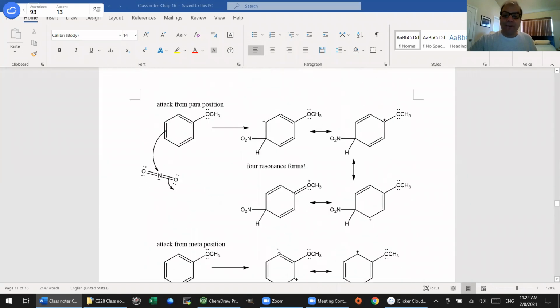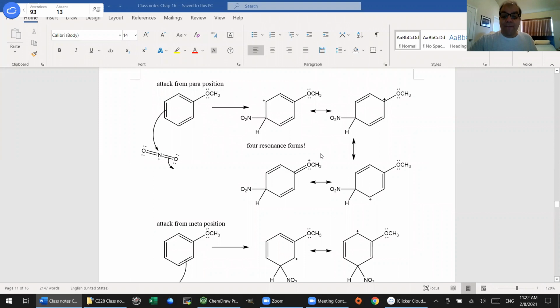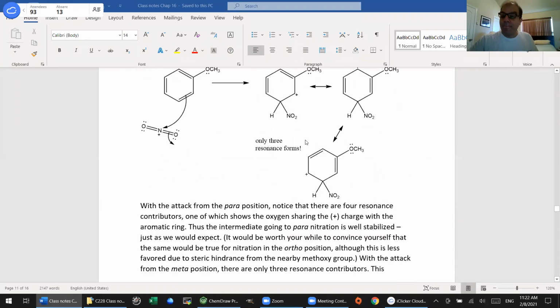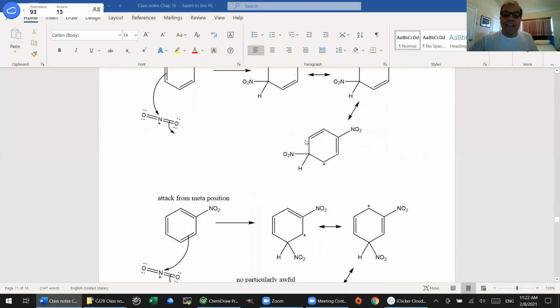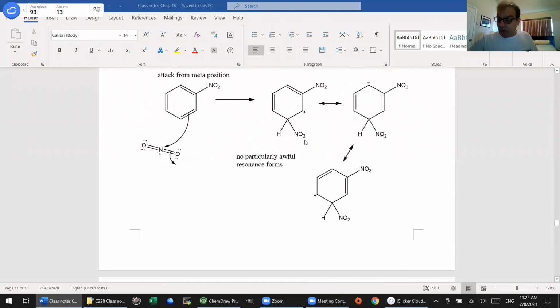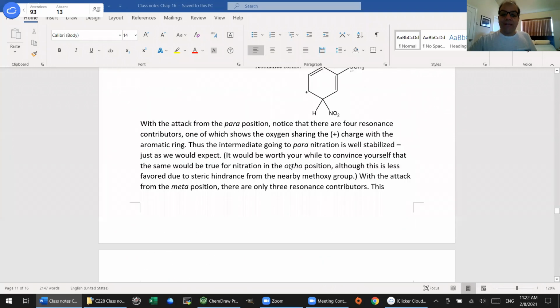And with an ortho-para-directing group, if you're asked for the major product, I would always predict the para product would be the major product. If instead it says to put all of them, then you'll put both ortho and para. But this is an explanation of why the ortho-para-directing groups are ortho-para-directing and why the meta-directing groups are meta-directing, based on the stability of the intermediate.